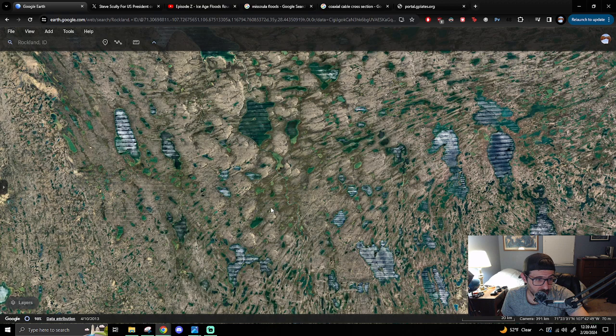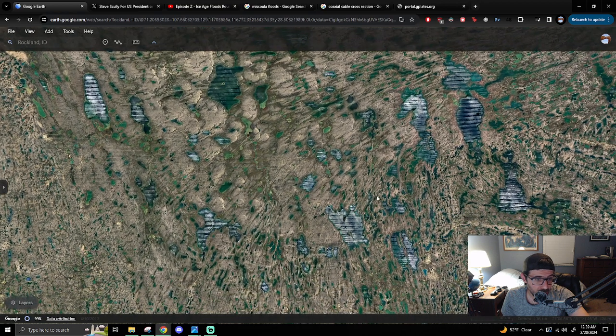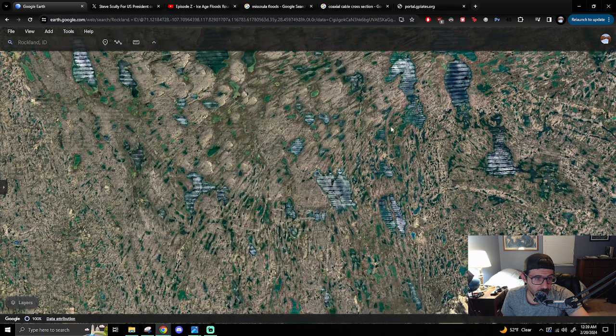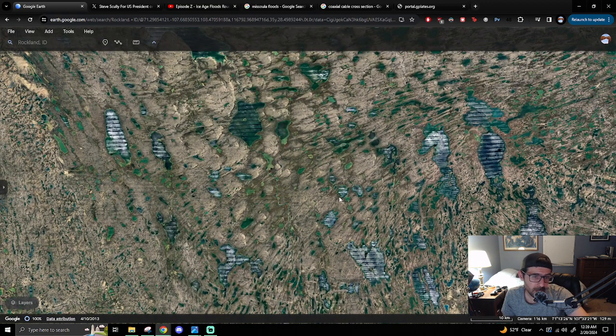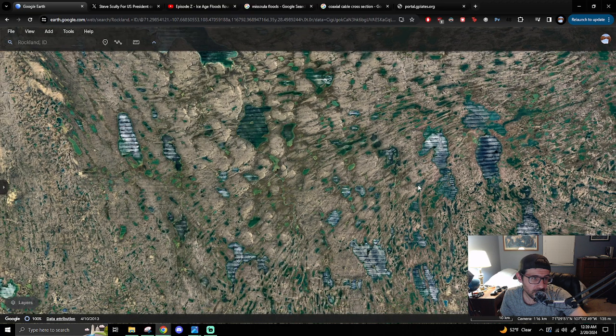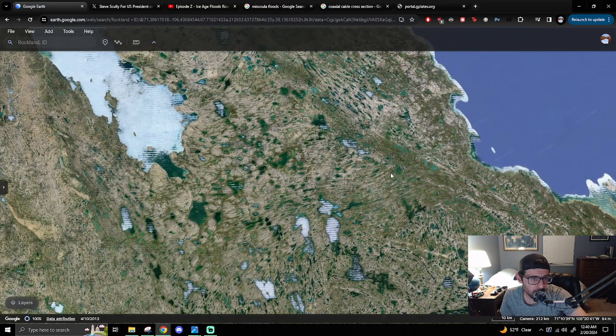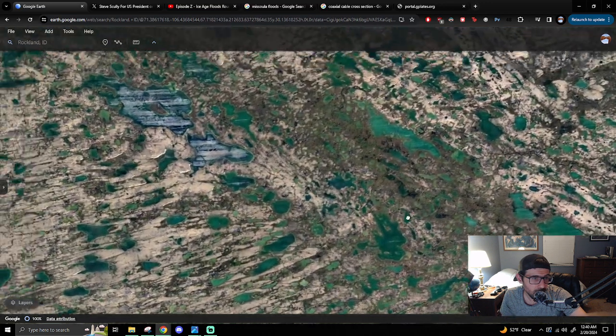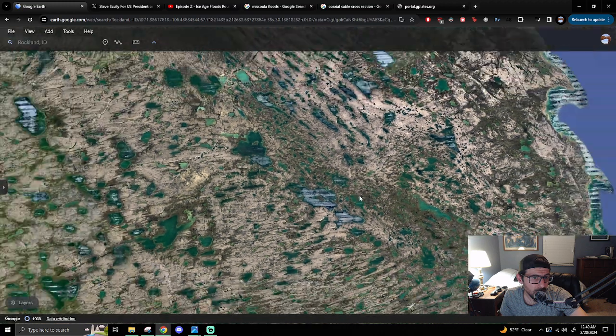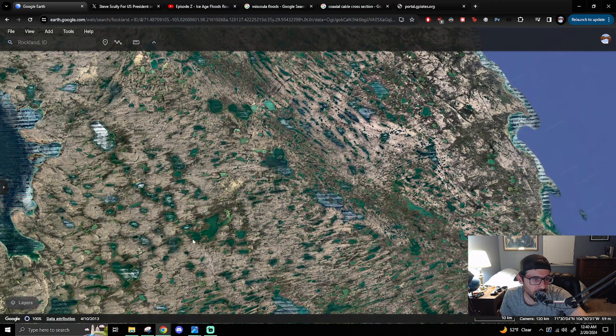Because this is strange. Is it continuous? It kind of looks like it's not continuous. Like this.